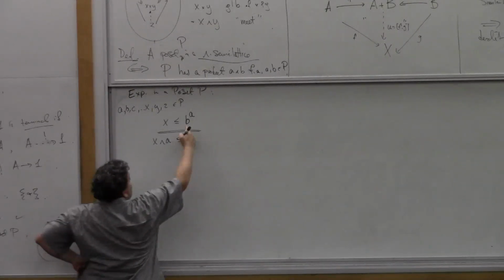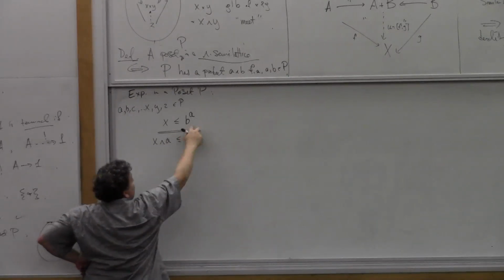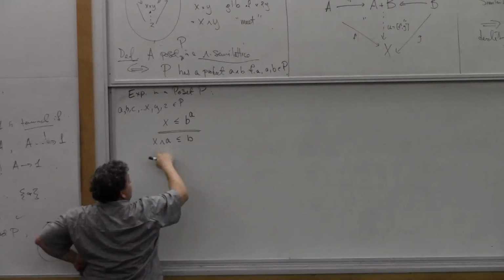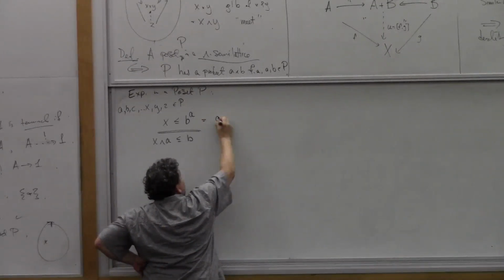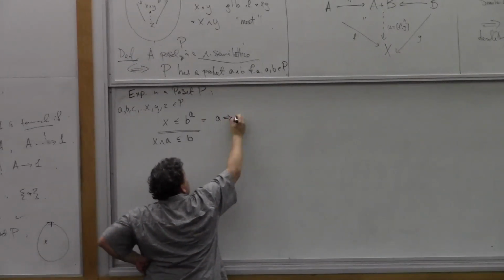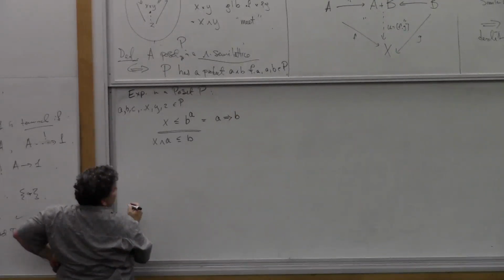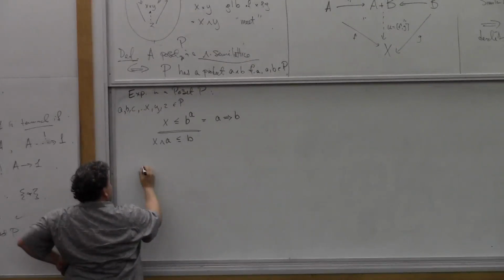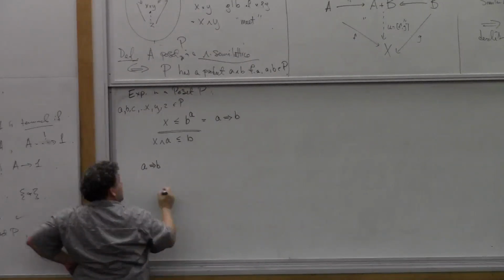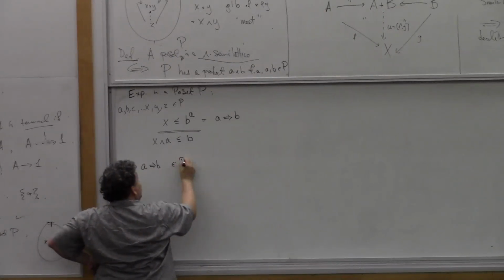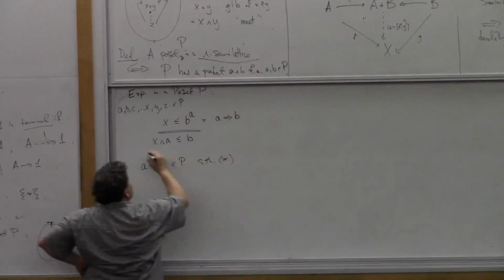We need to have a gadget here which has the property that it's greater than any x, which when met with A is less than or equal to B. Well, that's usually written as a kind of implication in a poset. Let's write it like that, A arrows B. So the idea is we have A arrows B is a new element of the poset, and it satisfies this condition.